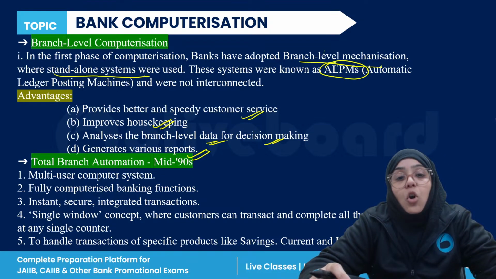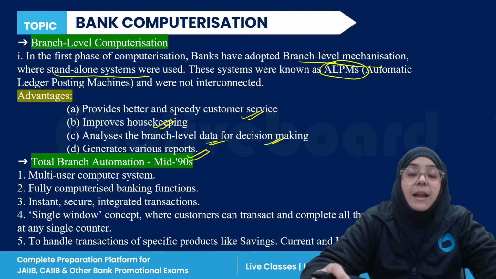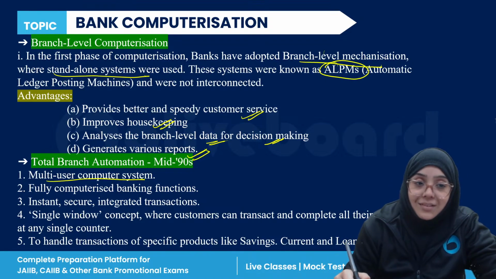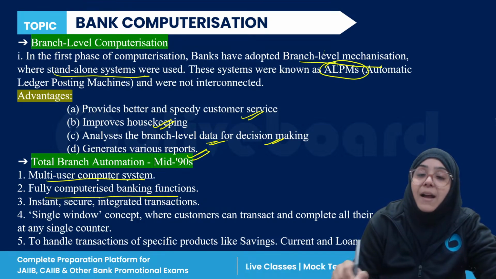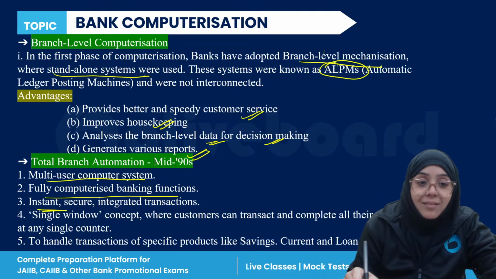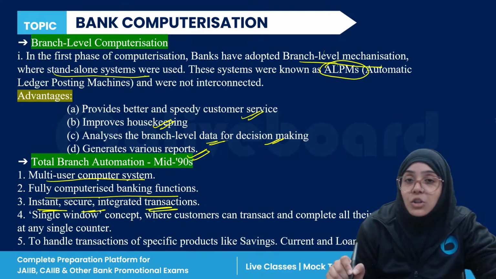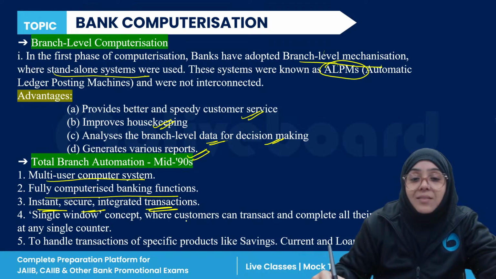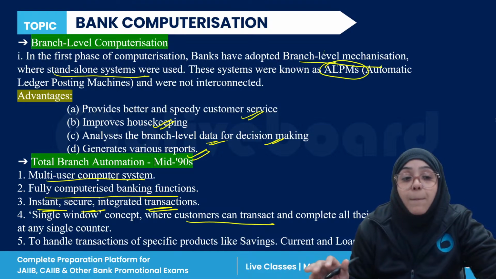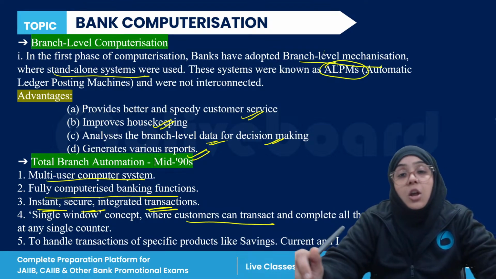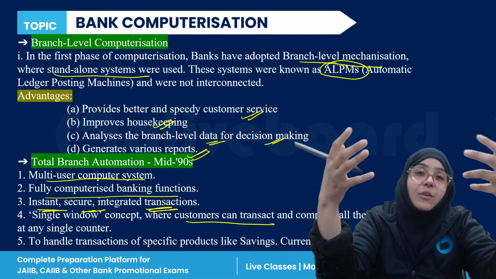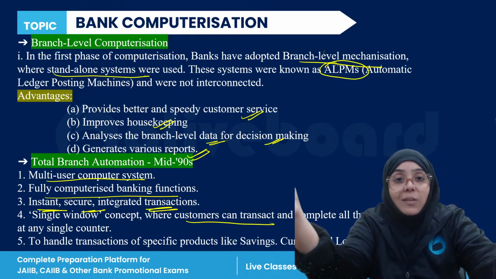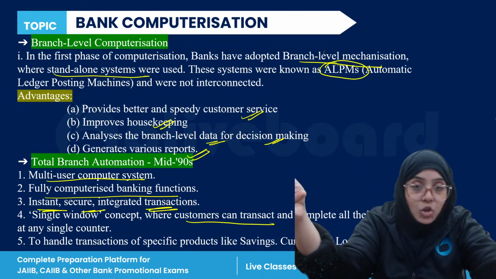Now, total branch automation came in the mid 90s. First, there was a multi-user computer system. Second, it was fully computerized banking function. Third, there were instant, secure, and integrated transactions. Then the single window concept, where customers can complete the entire transaction at a single counter, so you don't have to move from window to window for your financial transaction.